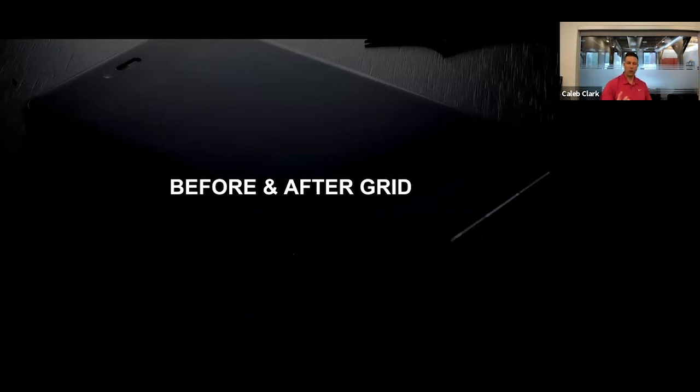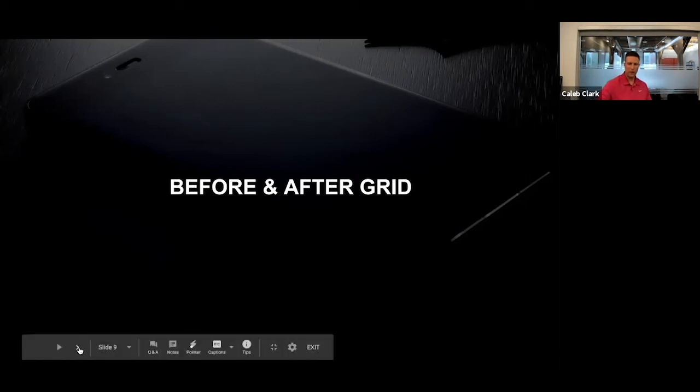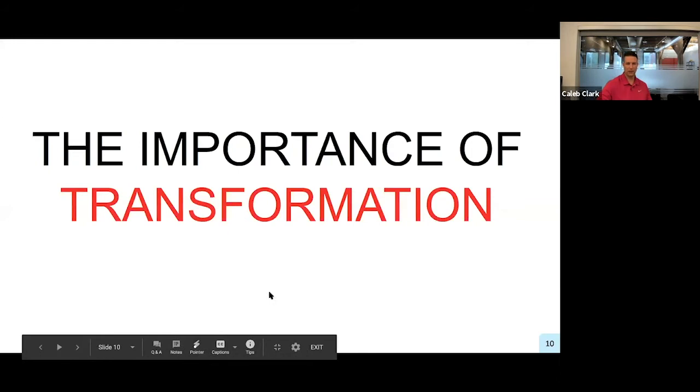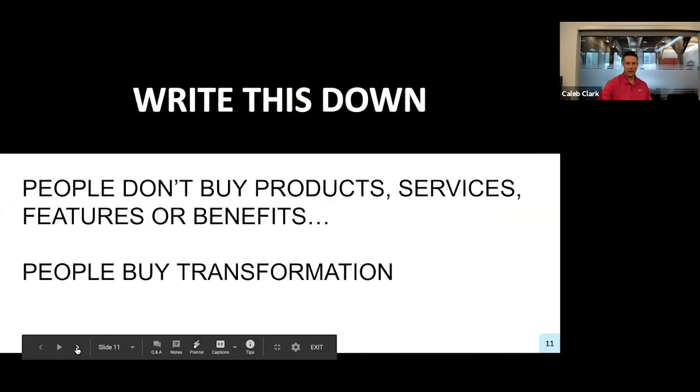At Hook and Ladder, we utilize a tool called the before and after grid matrix, which is essentially a tool that allows us to identify our customer segment and then define a little bit more in terms of who they are rather than just their demographic profile. And specifically, we are looking at something called transformation, right?